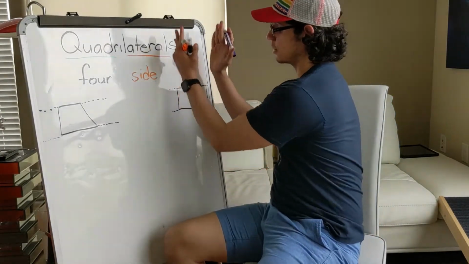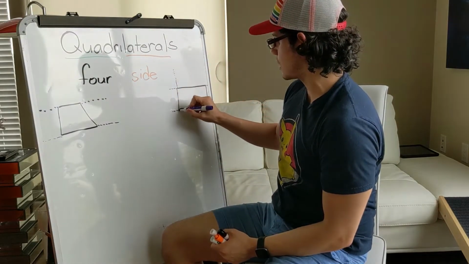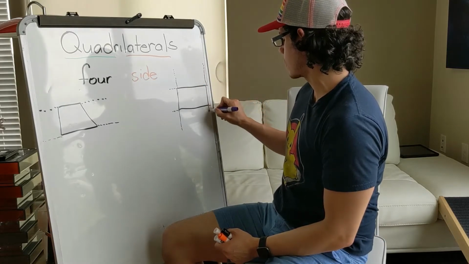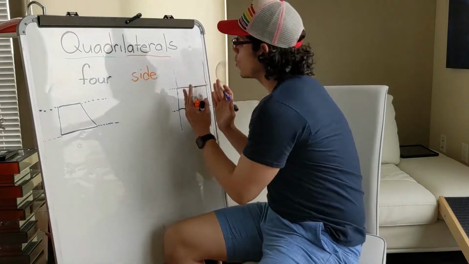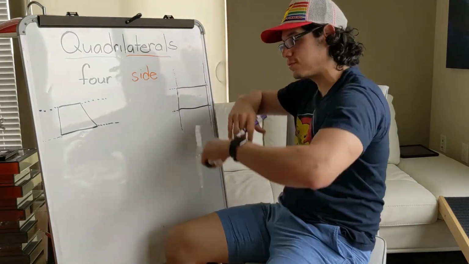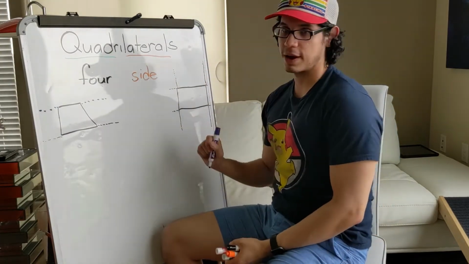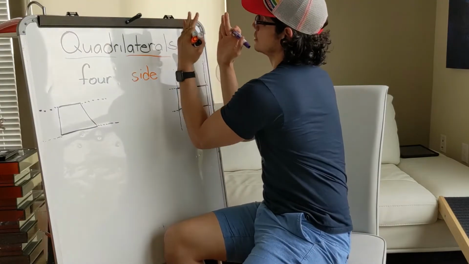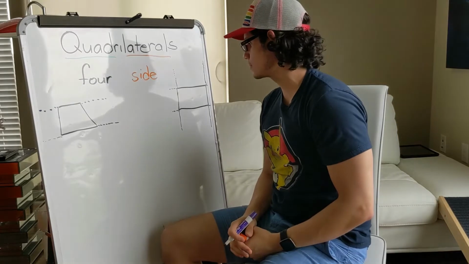These 2 sides are parallel too. So if I keep extending these sides out to infinity, sorry, that line's kind of crooked right there. They're going to go on and on to infinity without ever touching. So it's got 2 pairs of parallel sides. It's got this pair and then it has this pair right here. So that's two pairs of parallel sides.